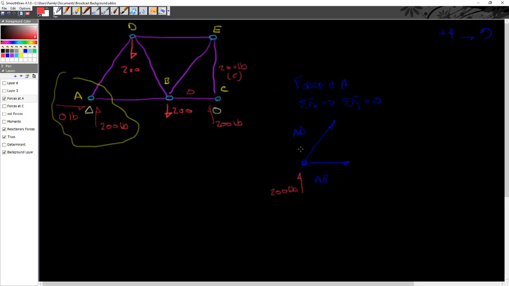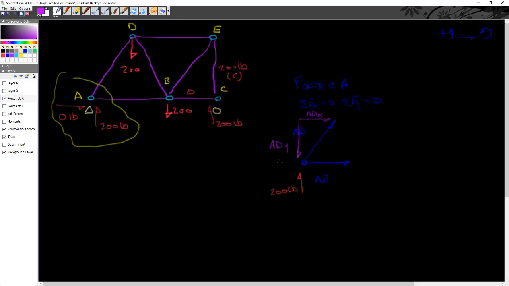So what I'm really looking at now is I can break down my vector AD into two different components. I'm going to have ADX and ADY. Now you can see that I've pretty much got that drawn backwards, don't I?